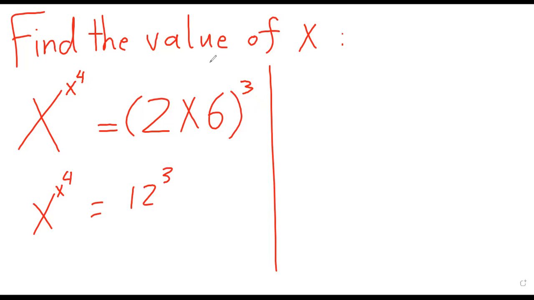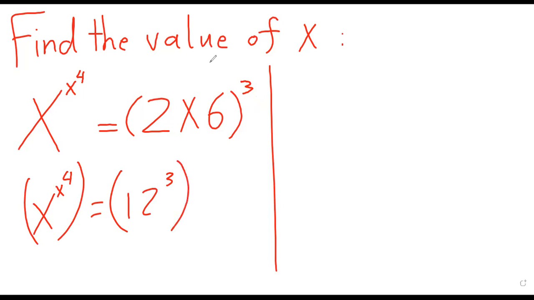Now let's make it bigger: 12 to the power of 3. Now what am I going to do? You can remember that if I raise this to any power, I must raise this to the same power.